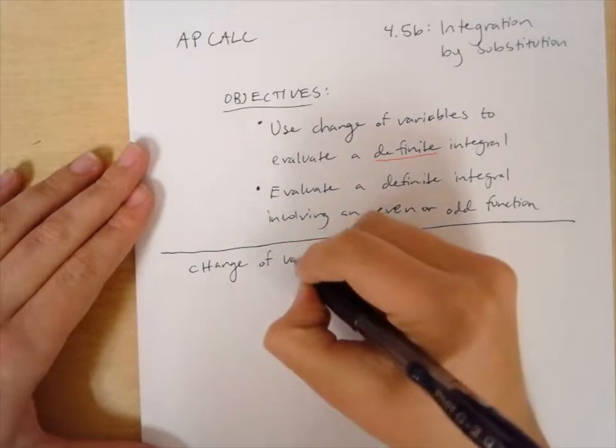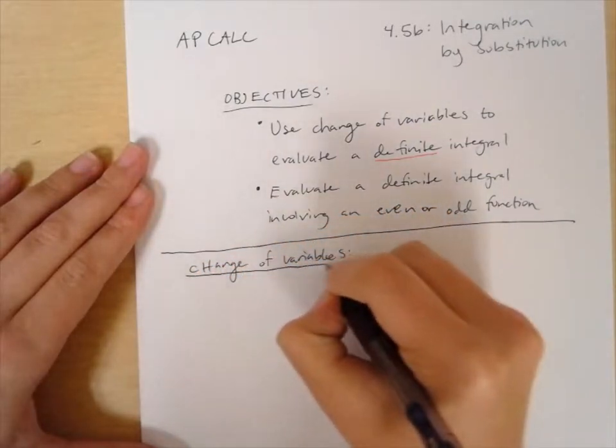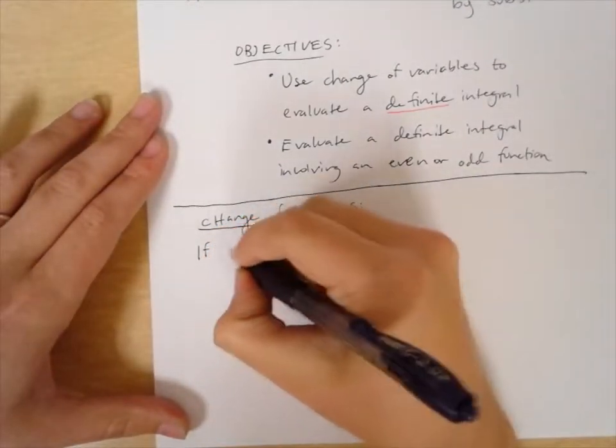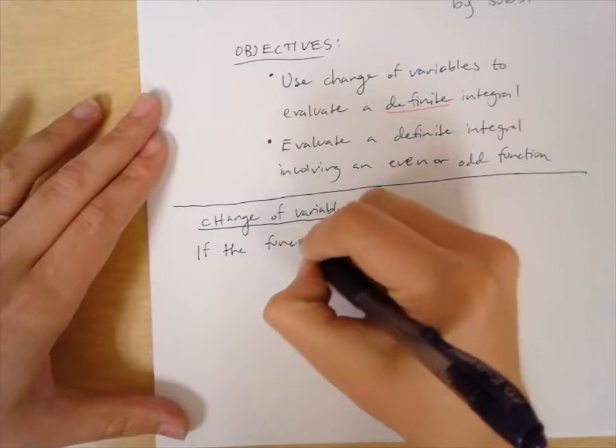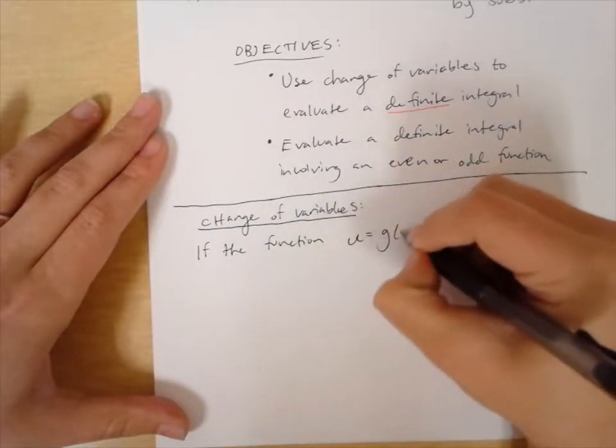Change of variables. And we'll just formally define that first. We'll say if the function u equals g of x, right?